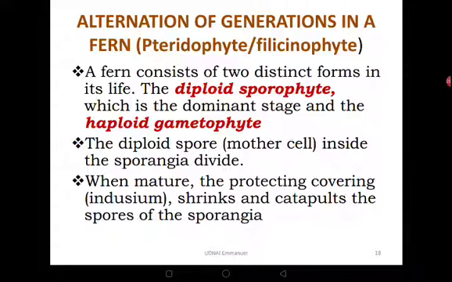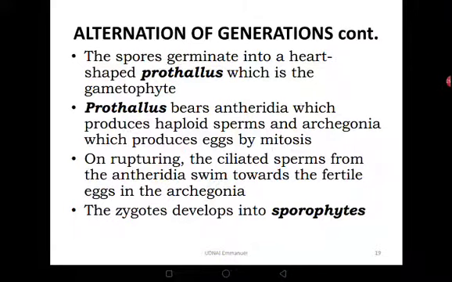The diploid spore mother cell inside the sporangia will divide when they are mature, and when its protective covering shrinks, it will catapult the spores and release them so that they can be dispersed. The spores will germinate into a heart-shaped prothallus, which is a gametophyte.